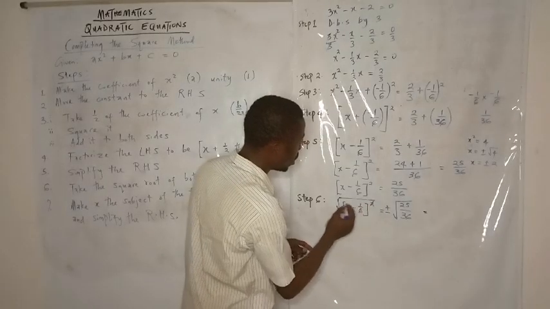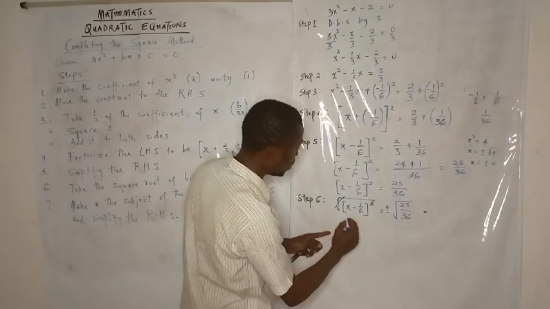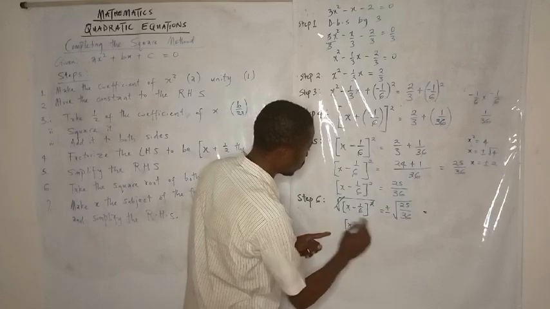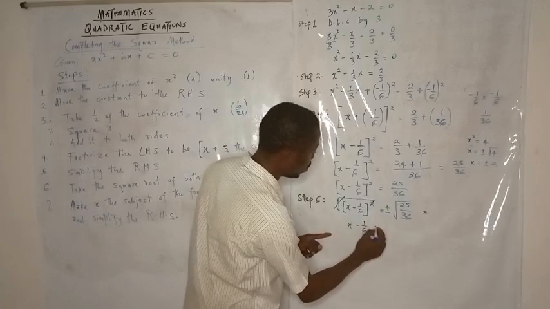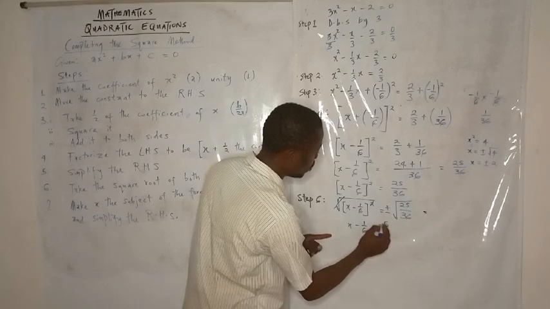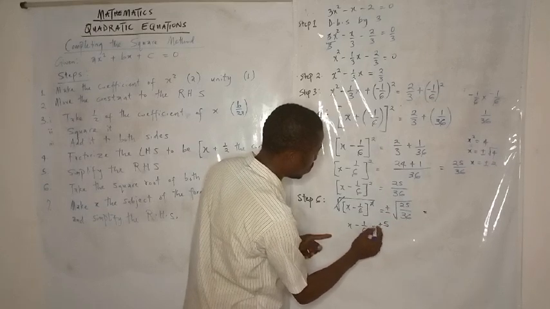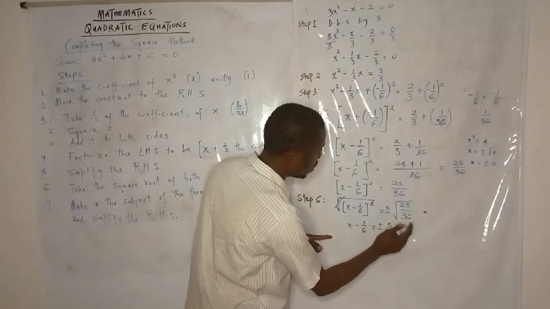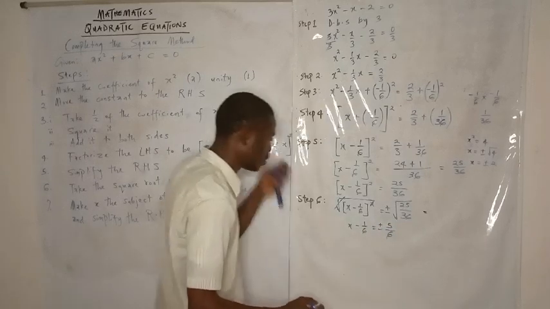So we cancel square root, and then we have that x minus 1 over 6, we can remove the bracket now, will give us square root of 25 is 5, plus or minus square root of 25 is 5, and then square root of 36 is 6.